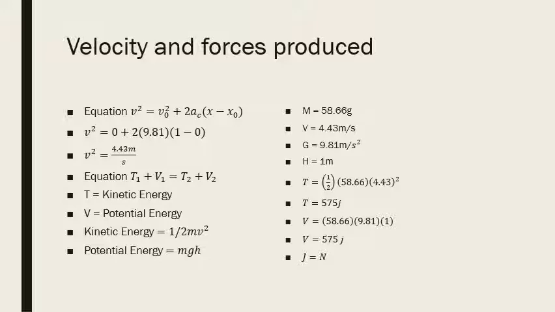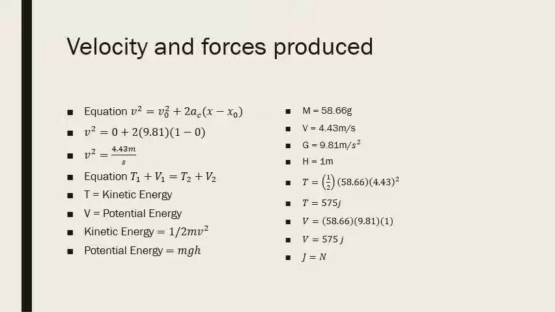Here, I got my mass by combining 3 large eggs together and finding the average mass, which came out to 58.66 repeating grams. My velocity, as stated previously, was 4.43 meters a second. Gravity is 9.81 meters a second squared, and the height was 1 meter.